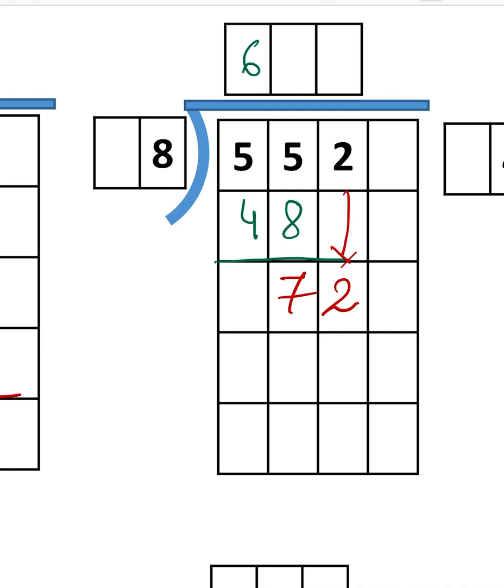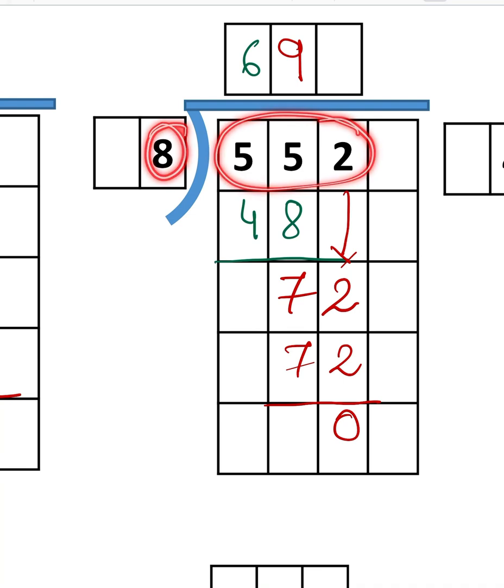Again the table of 8: 8 nines are 72 and you will get a 0 here. Clear? So if we divide 552 by 8, we get 69. This is nothing but a division of a three-digit number by a one-digit number, which is 8.